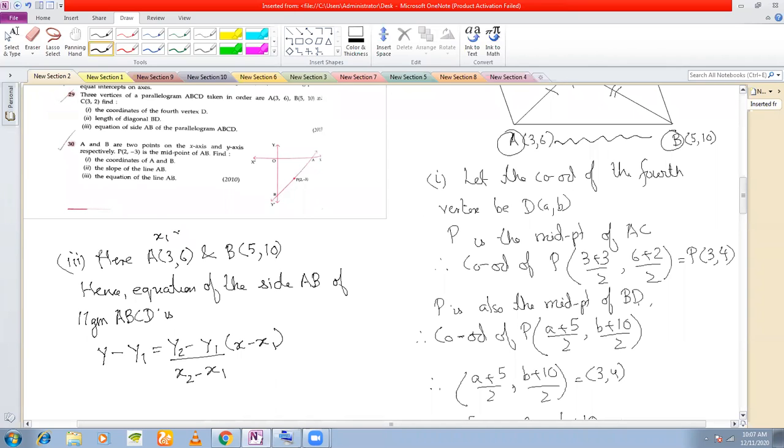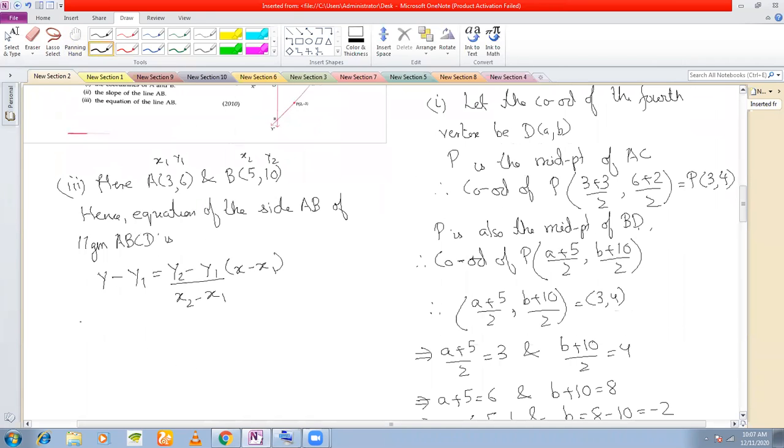Consider this your x1, y1, x2, y2 and just put the values. Y minus y1 is equal to y2 minus y1 by x2 minus x1 into x minus x1.